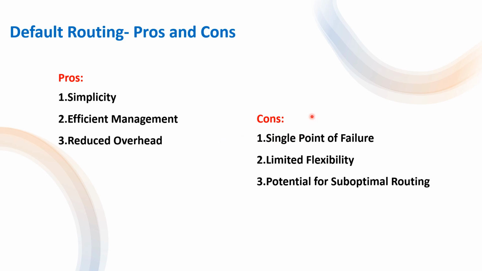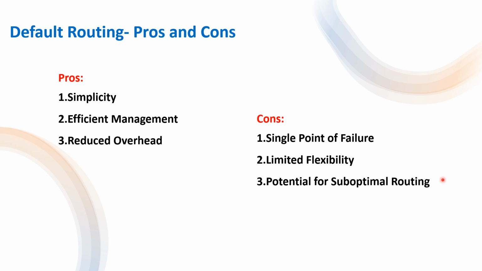Similarly, consider the cons: default routing is a single point of failure. The default route creates a single path for unknown destinations, which can be a vulnerability if the next hop router or gateway fails. It may not efficiently handle traffic distribution or failover scenarios in more complex network topologies where multiple exit points or paths are needed.